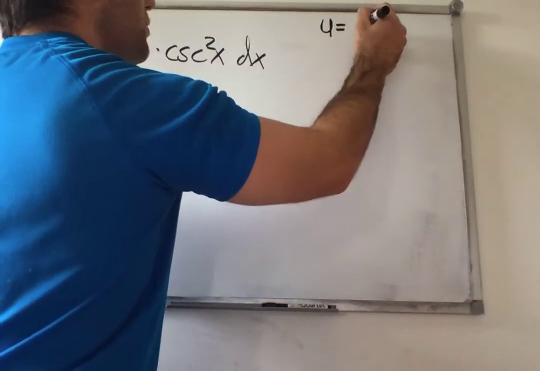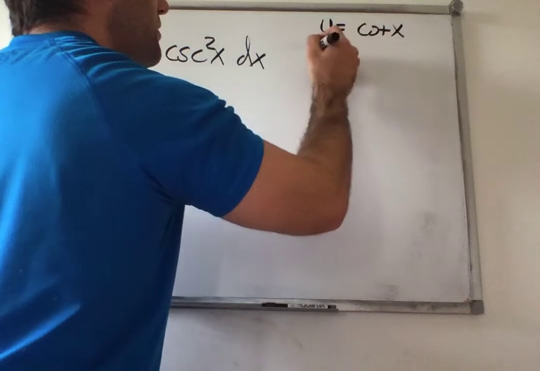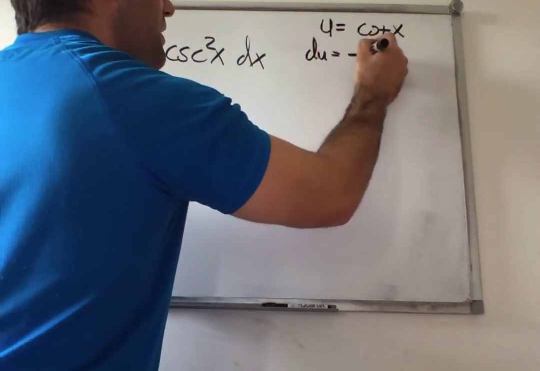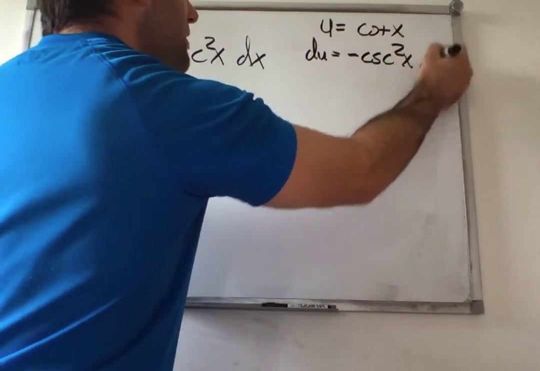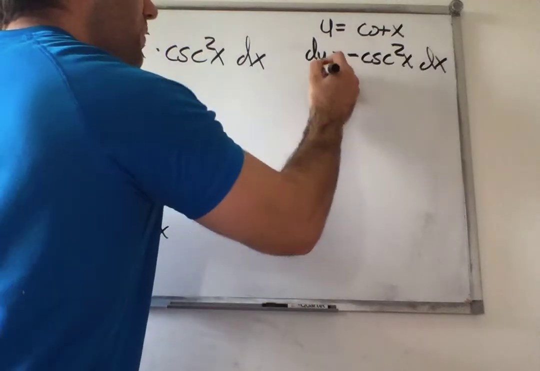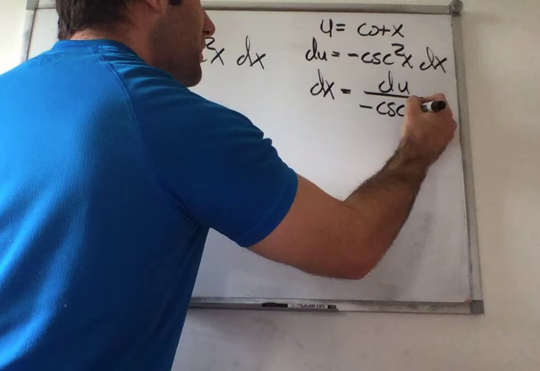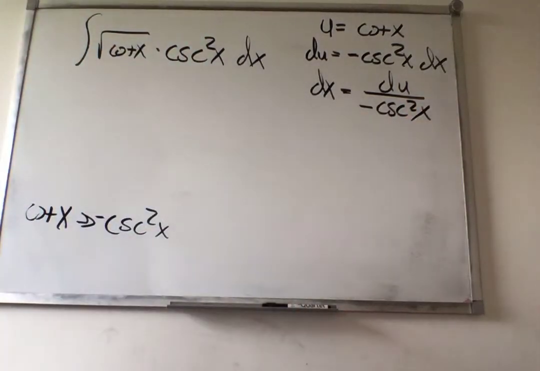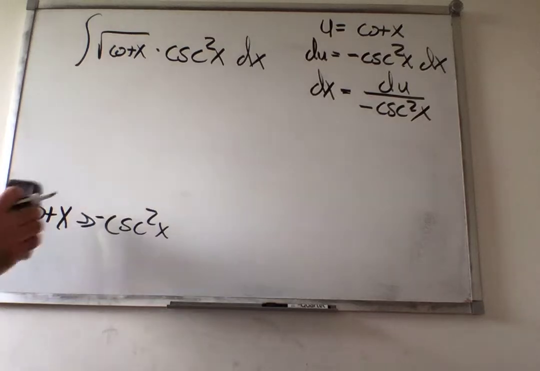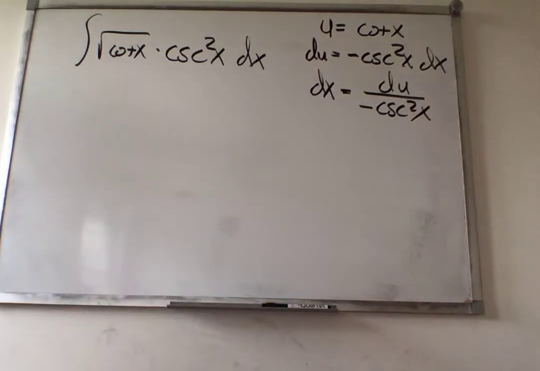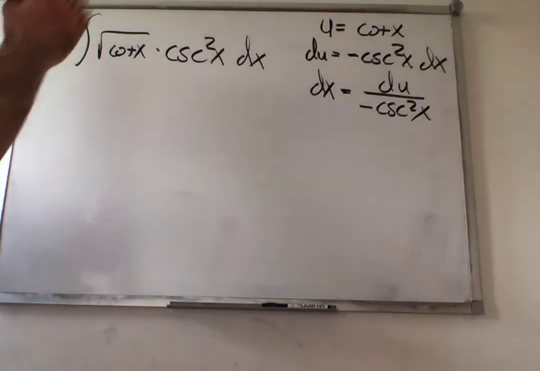So u is equal to cotangent x, differentiate that, you get negative cosecant squared of x dx. Solving for dx, I'm just going to write it up really quickly, is du over negative cosecant squared of x. So let's make our substitutions. Just plugging them in.